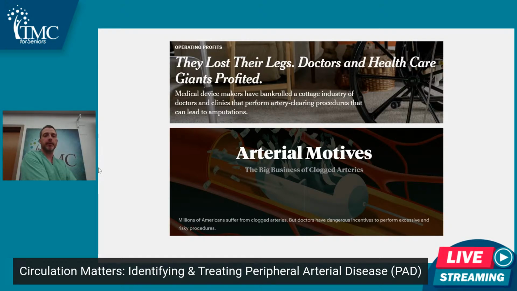For a lot of people, they can be extremely lucrative and very financially compensated, especially if they own their own surgical suites and facility. And so there's a challenge sometimes where people will tell patients, hey, we're going to prevent amputations by doing all these interventions on you. And you're like, doc, I'm having no symptoms. Are we sure we should do this? Oh, you got lots of plaque. We should do this.